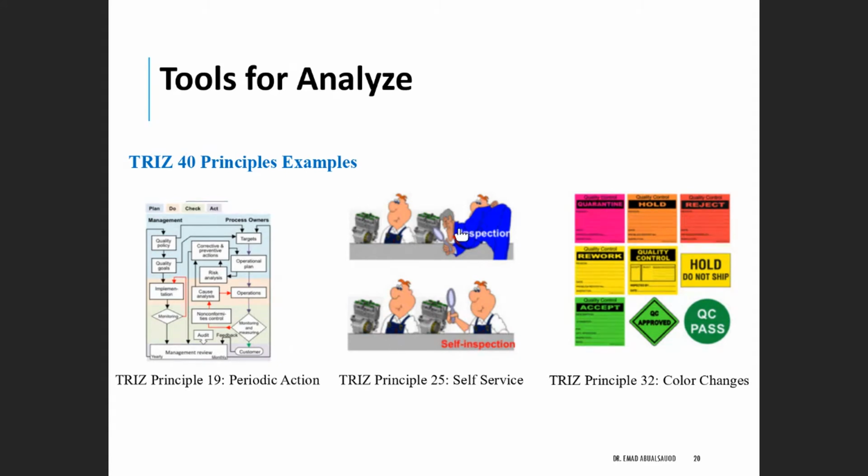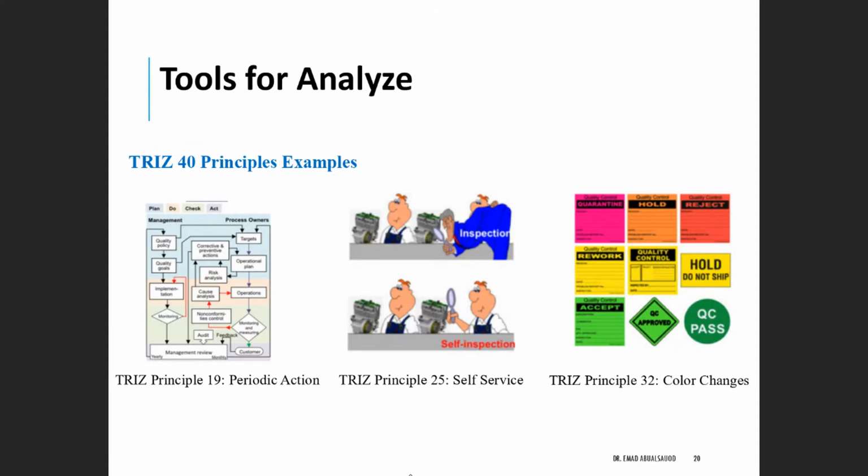Principle 25 says self-service, and the service here was the inspection. Instead of having an auditor inspect, you do self-service or self-inspection, a specific solution from the general solution of self-service, and instead of having an inspector, which will cost you. We saw this before when we did mistake proofing.